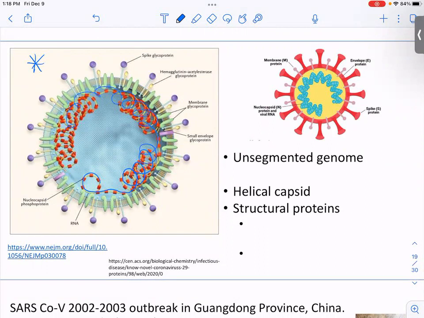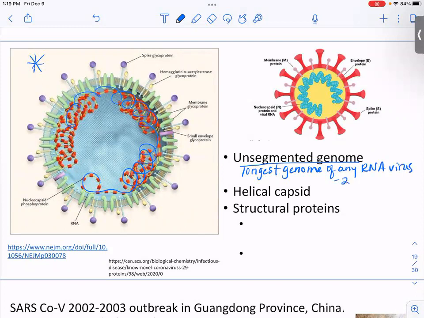That is the unsegmented genome. So remember, influenza virus had like 7 different segments. This is just one long string of RNA. It is the longest genome, or largest, either way, of any RNA virus.